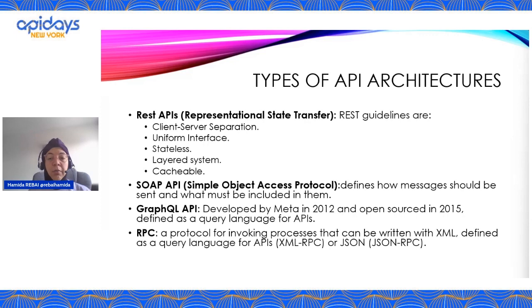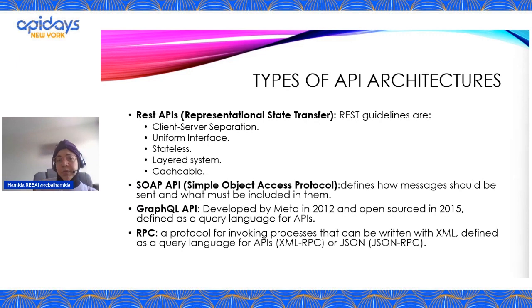popular choice among developers. Now, we will talk about SOAP, or Simple Object Access Protocol. It's a protocol for transmitting data across networks and can be used to build APIs. SOAP is standardized by the World Wide Web Consortium and it uses XML to encode different information.